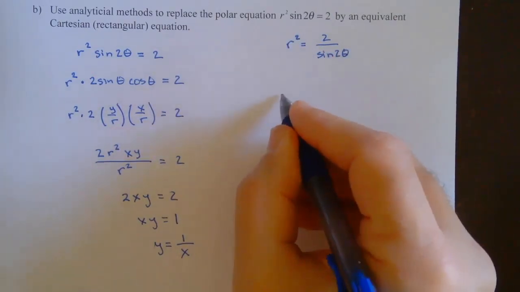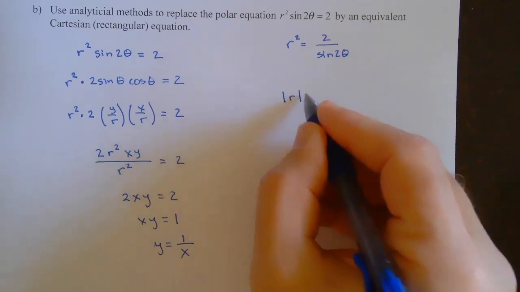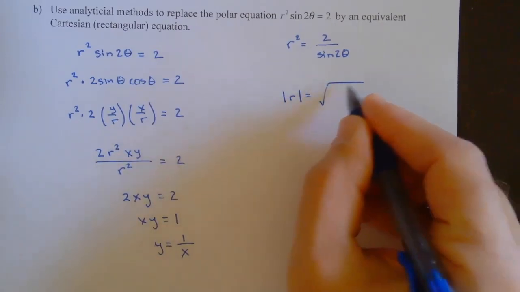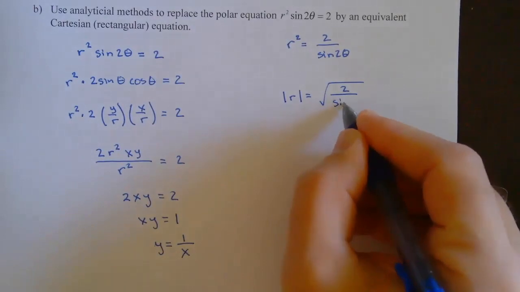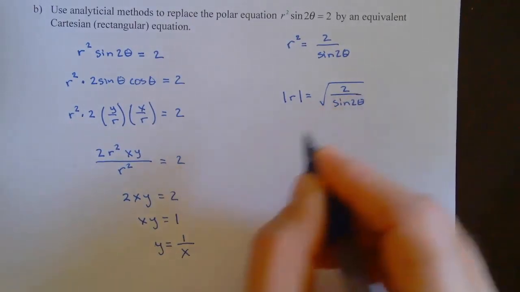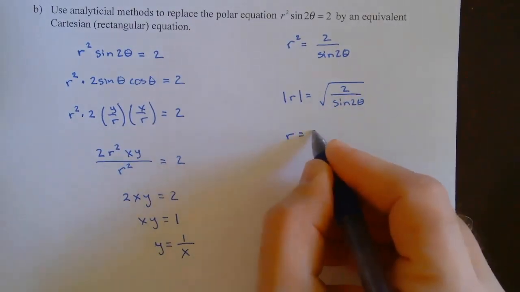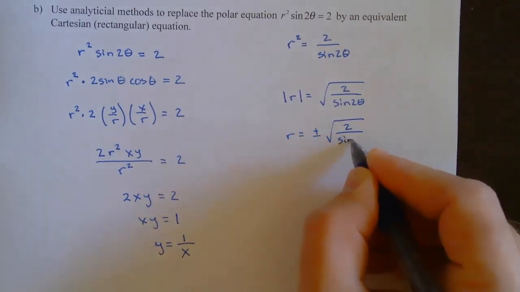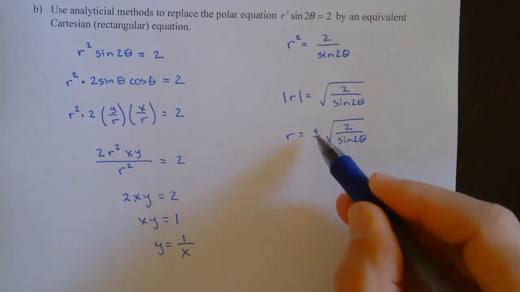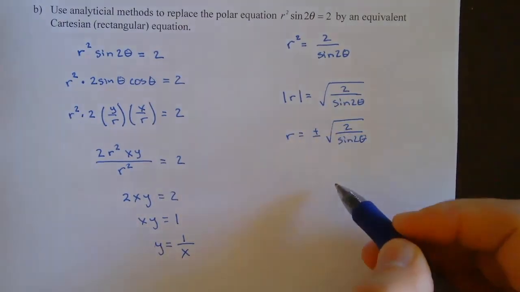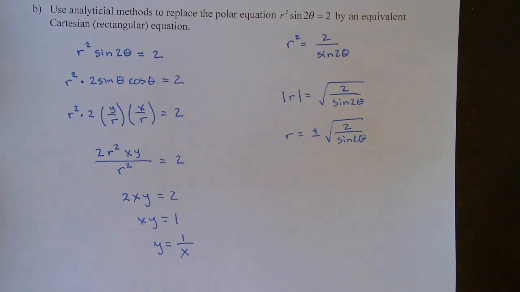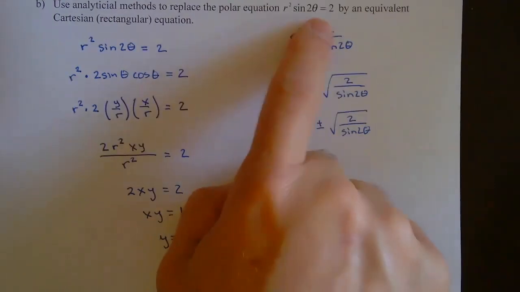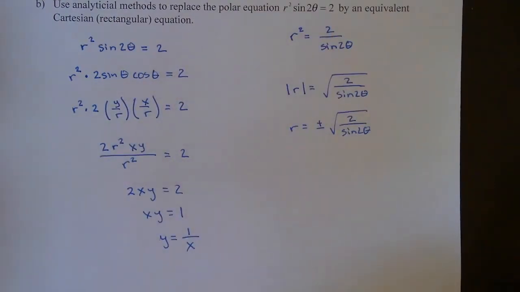You get the absolute value of r equals the square root of 2 over sine of 2 theta, and then r equals plus or minus the square root of 2 over sine of 2 theta. You'd put the positive one in and the negative one in, and that would produce the same graph. That's how you'd put it in your graphing calculator or Desmos. Actually, you might be able to put this one directly into Desmos and graph it.